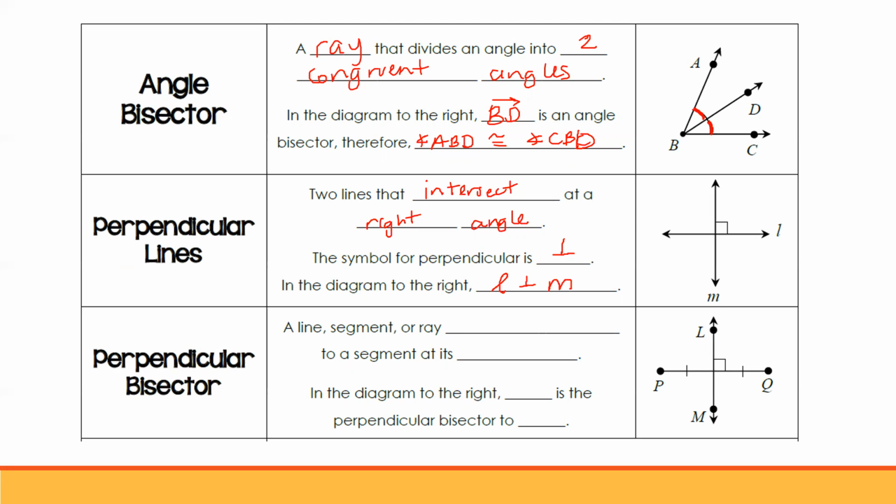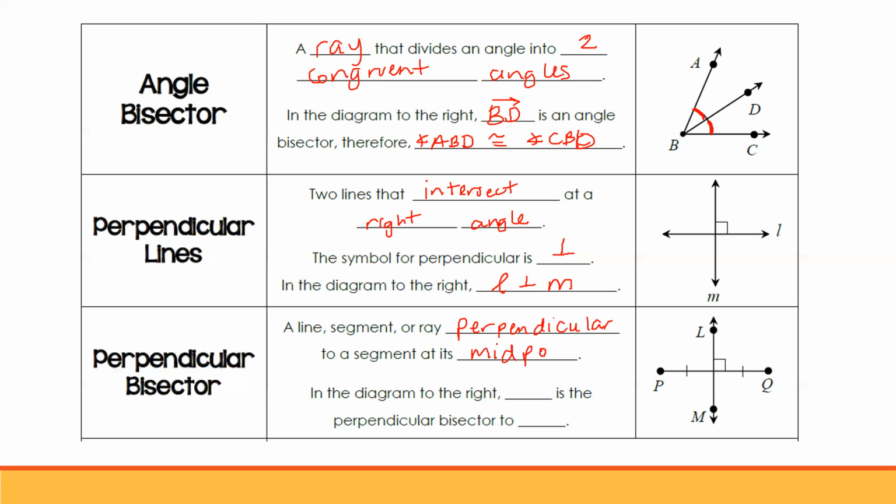A perpendicular bisector is kind of both of these things at the same time, right? Well, maybe not an angle bisector. But the word bisector means two equal sections, and perpendicular means right angles. So a perpendicular bisector is a line, a segment, or a ray, and it's going to be perpendicular, or forming right angles, to a segment at its midpoint.